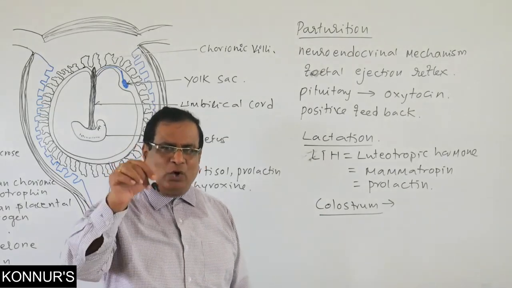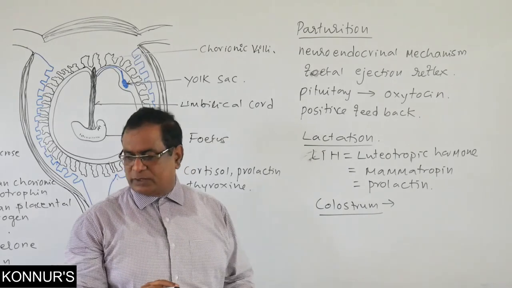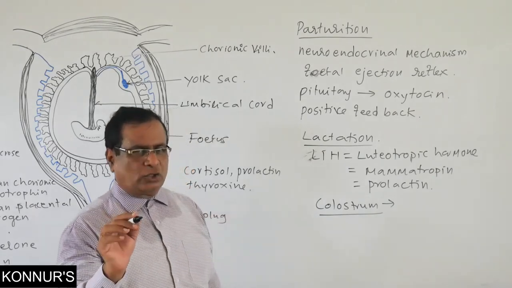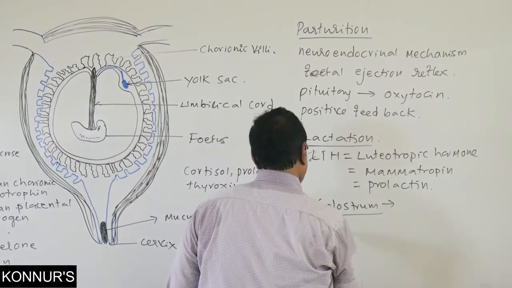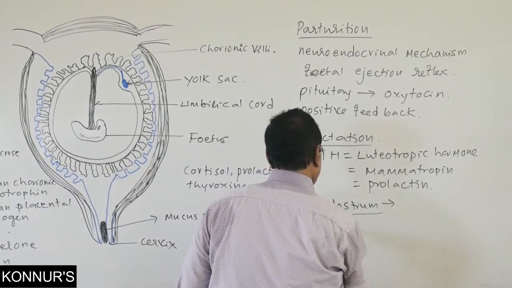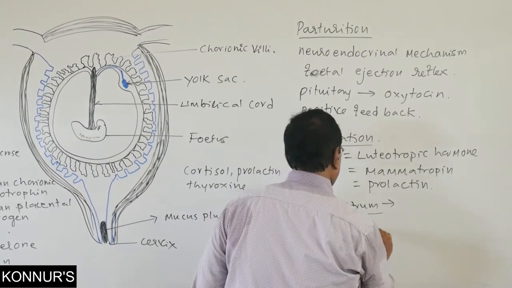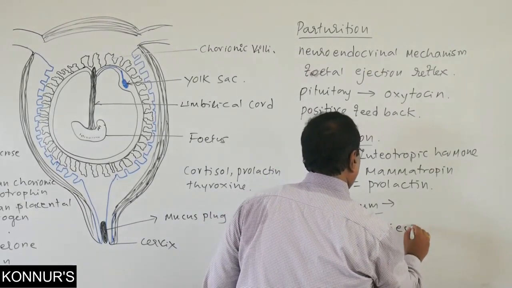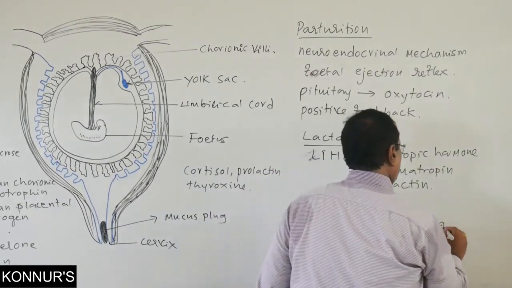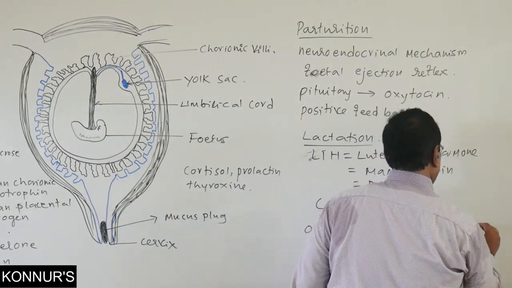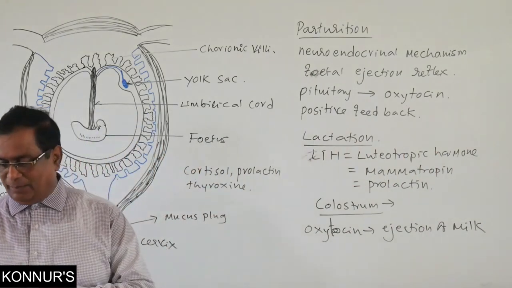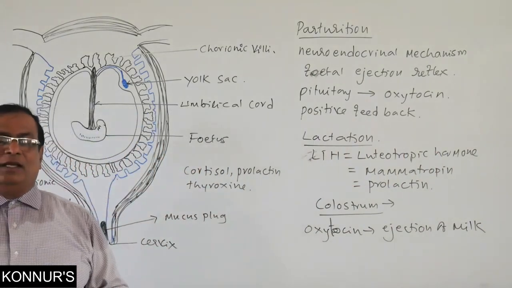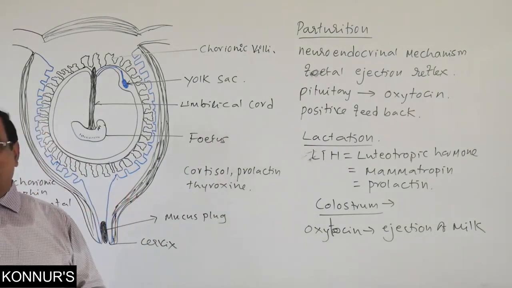Another hormone is also involved, that is oxytocin, and oxytocin helps for ejection of milk from the mammary glands after childbirth. Remember, we should not confuse the roles played by these two hormones.